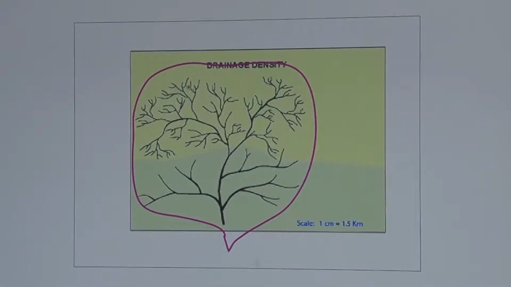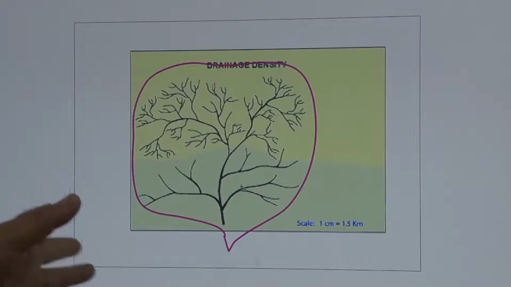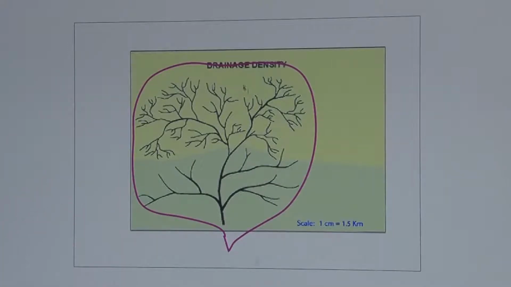You can calculate the length of streams by adding up all these streams. If you want to physically measure it, you can take some threads or any type of scaled feature, and with the help of that you can measure all the lengths of the first, second and third order streams.